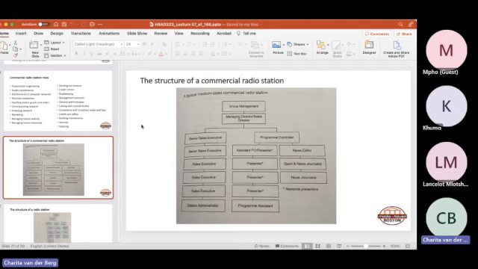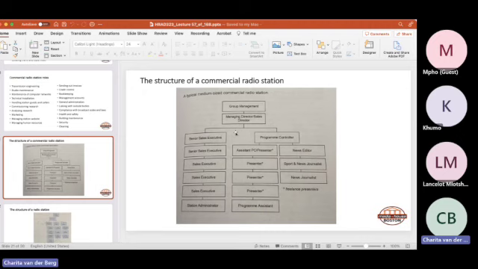So this is a typical medium-sized commercial radio station in the UK. You have your group management at the top, which is similar to our board. Then you have a managing director or a sales director. Managing director is like a station manager.